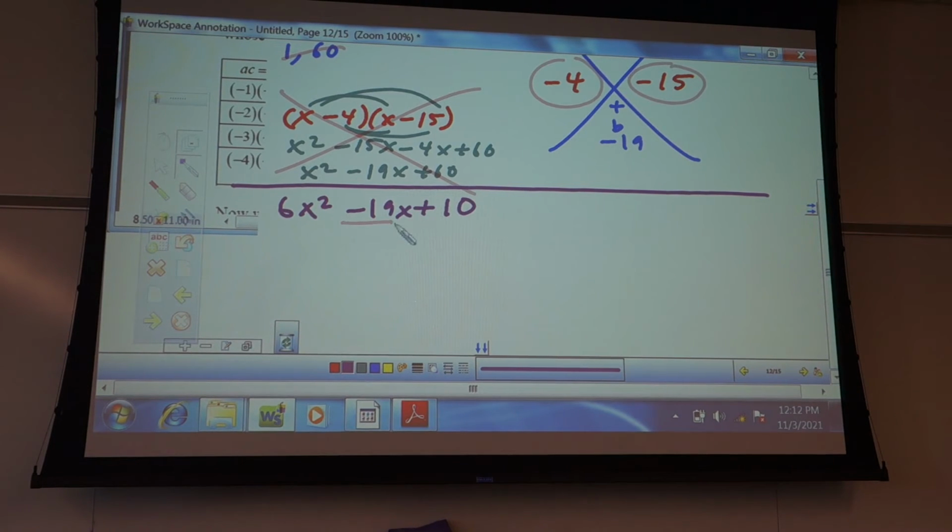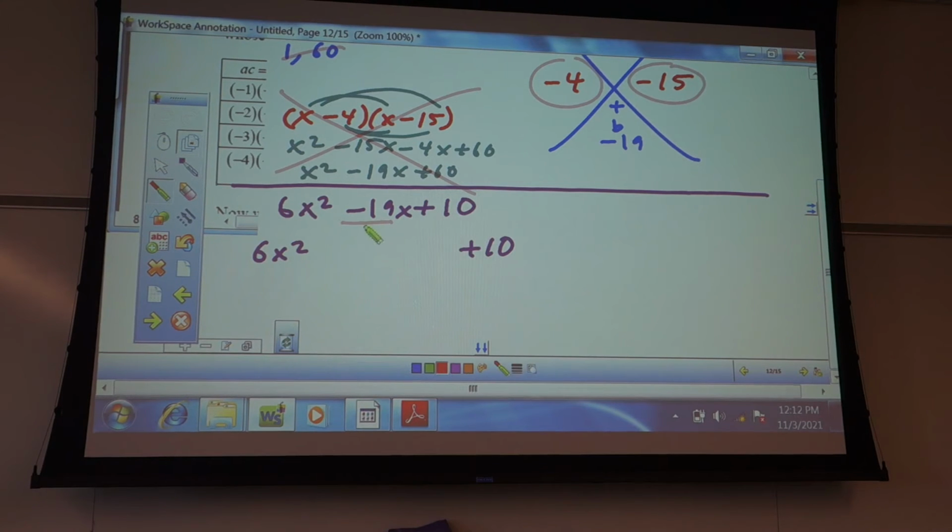So I'm going to write everything else the same, 6x squared and 10 over here. These parts stay the same. But this part here becomes, instead of negative 19x, minus 4x minus 15x. Does everyone see where those came from?